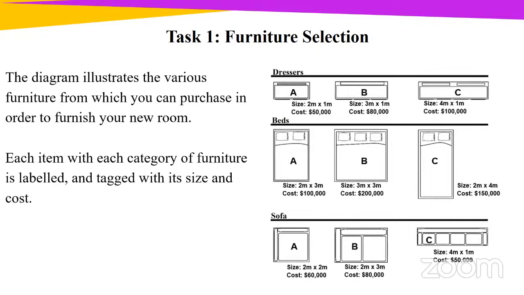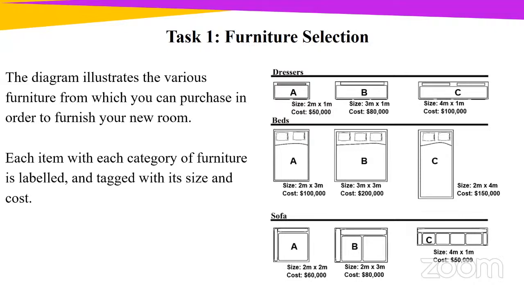You can just type it in chat. How many furniture will we be selecting? Martina, would you like to answer? Three. All right. We are going to be selecting three different furniture.